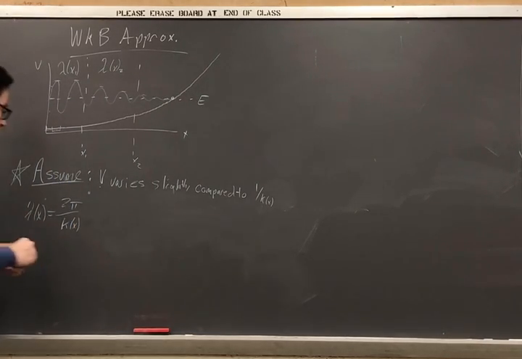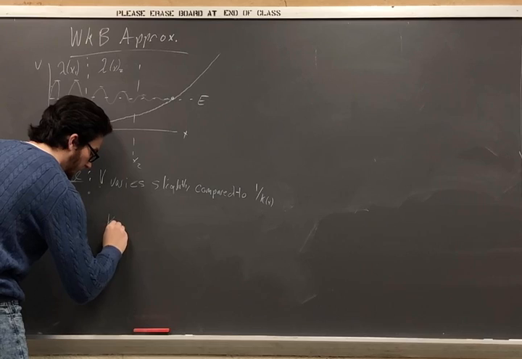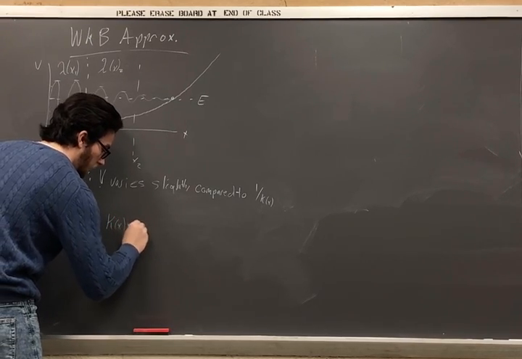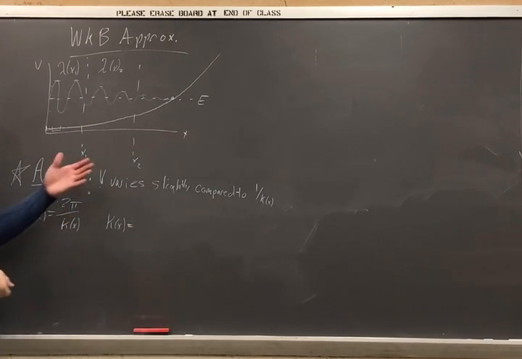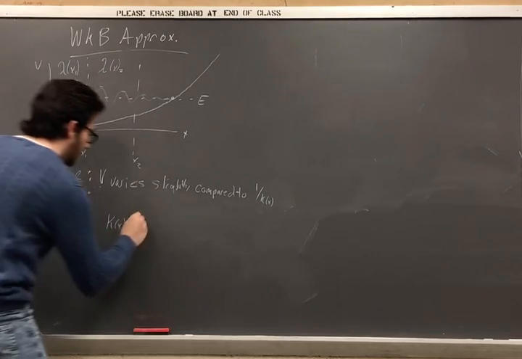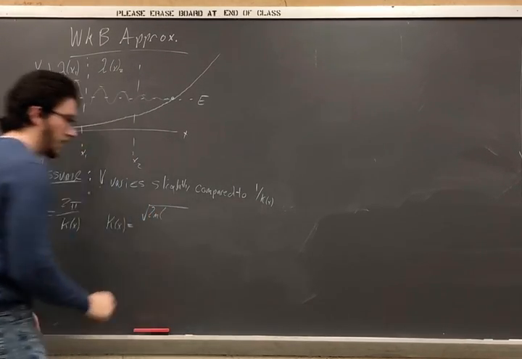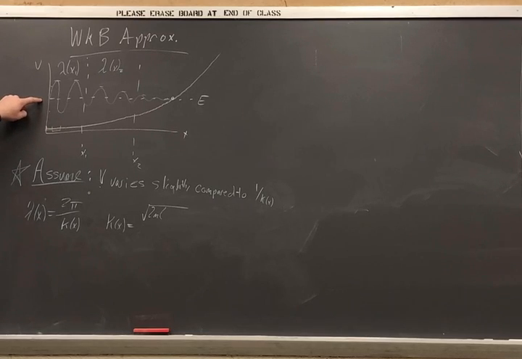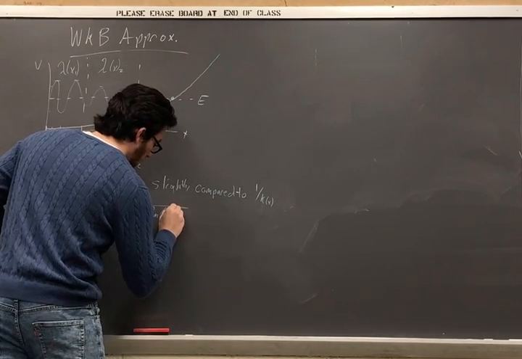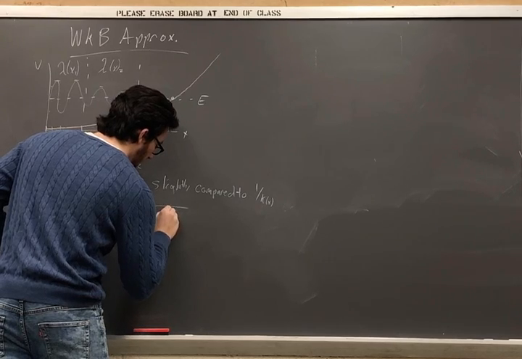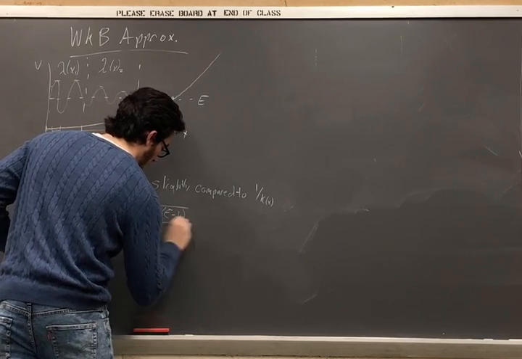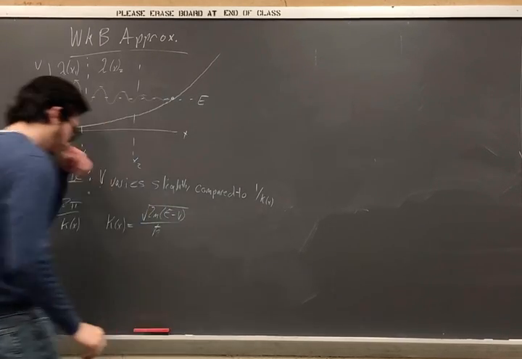And now we can say k of x, in this case, we've defined. We can define it in a similar way that we did before. We can say that it's the square root of 2m. In this case, our E is higher than our v, so that must mean that we get this E minus v over h bar, okay?